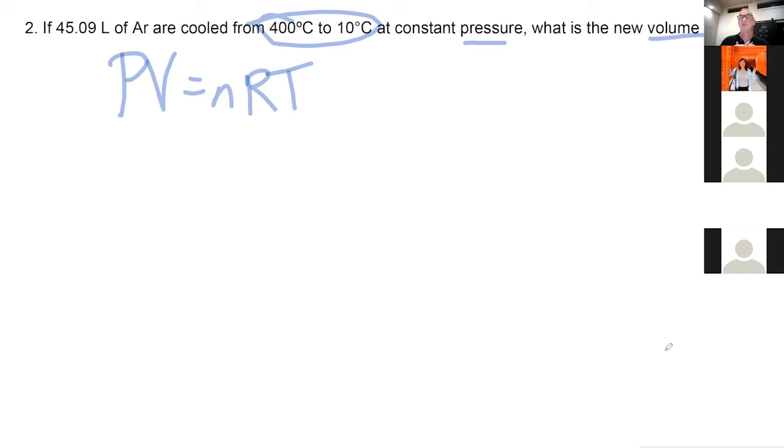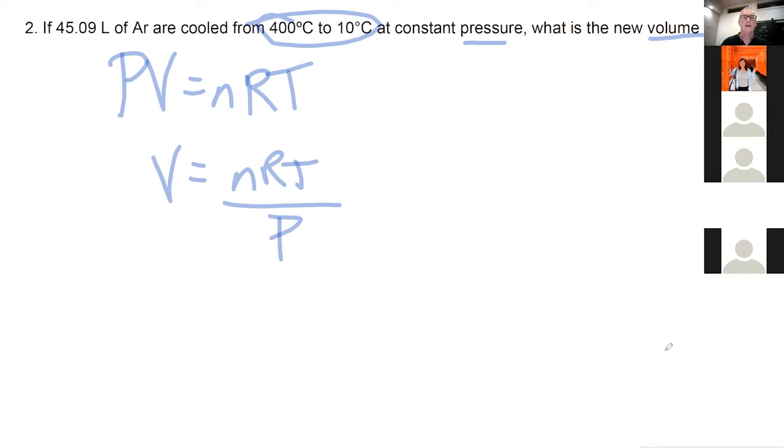So what I would do at this point is put volume and temperature by themselves, and have everything else on the other side. So V is going to equal nRT divided by P.